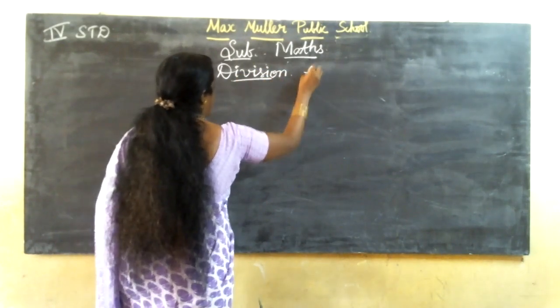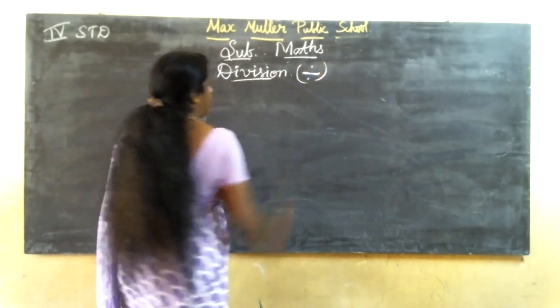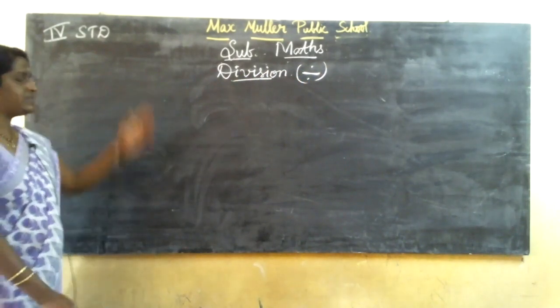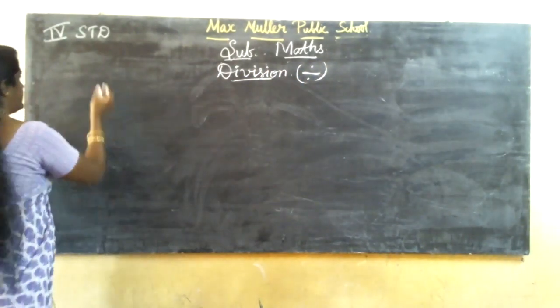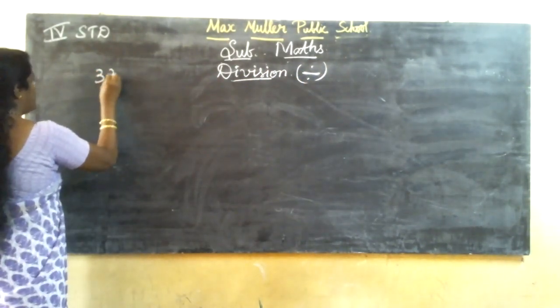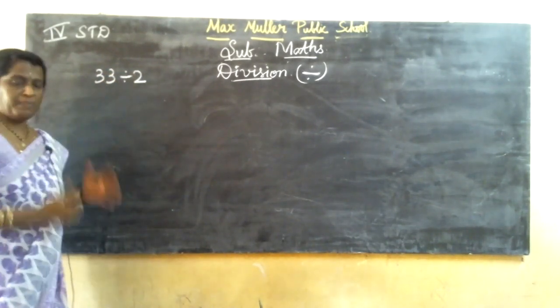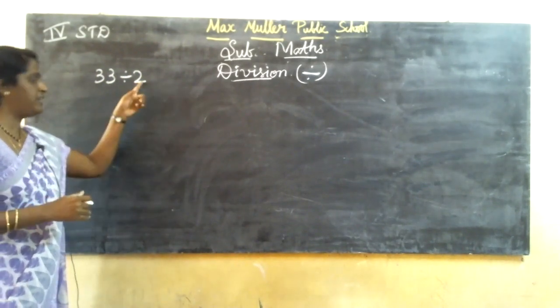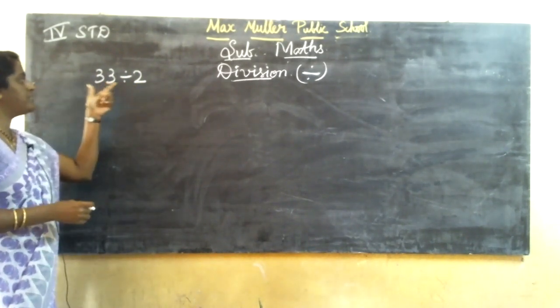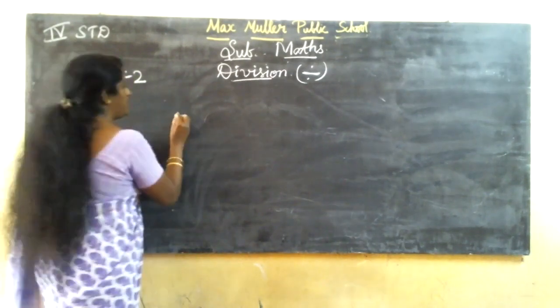Division means divide. How will you do? See here, first I'll give 3 divided by 2. Same like multiplication only. So you should learn tables too. So if I give 33 divided by 2 means what will you do?